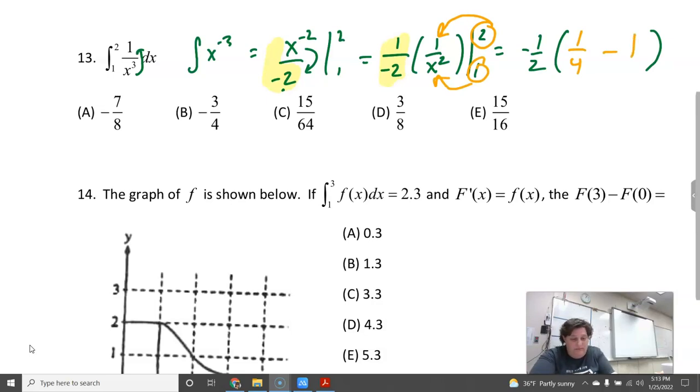And then I got to do a little bit of fraction stuff, but I know that 1 is 4/4. So 1/4 minus 4/4 is negative 3/4. That's negative 1/2 on the outside. So if I multiply it together, it's positive 3 over 8. Okay, positive 3 over 8.